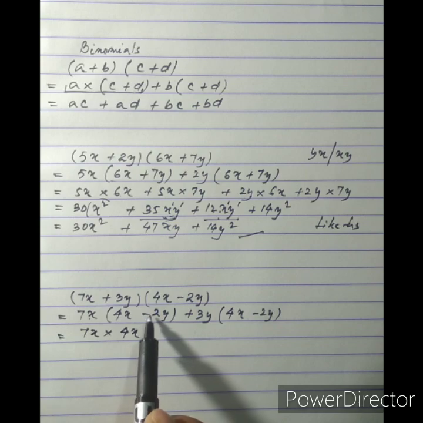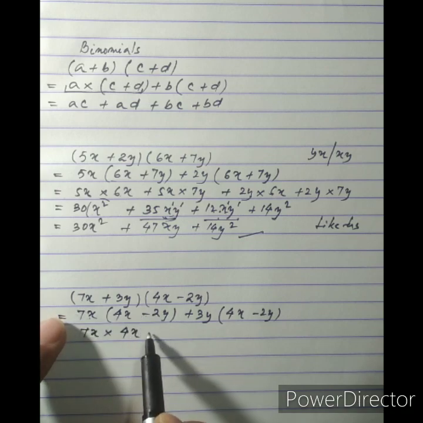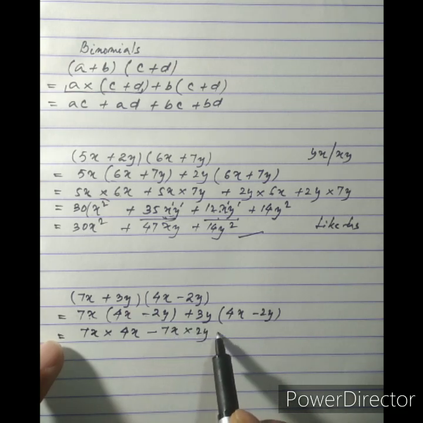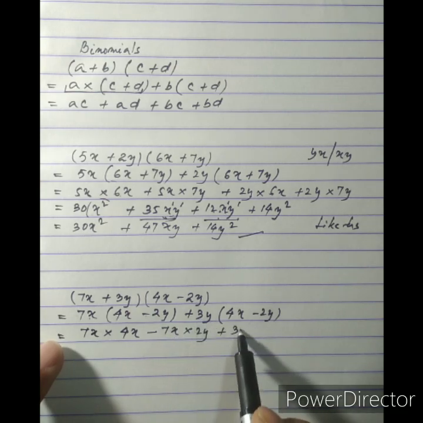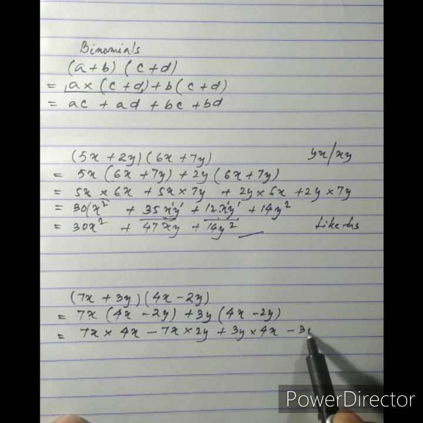Remember, when there is minus, the sign of this 7 here, 7 is plus, plus into minus will get here minus. So 7x into twice y, plus thrice y into 4x, plus into minus minus thrice y into twice y.